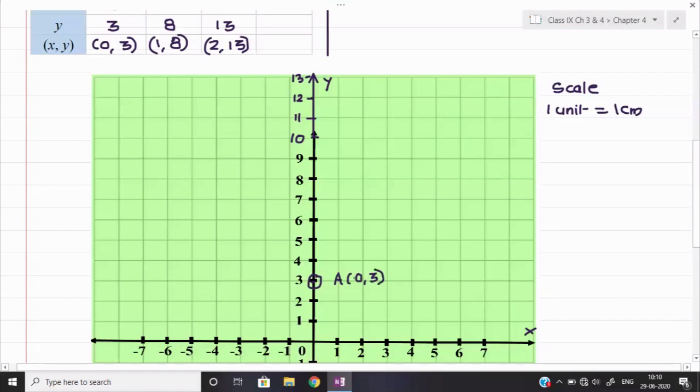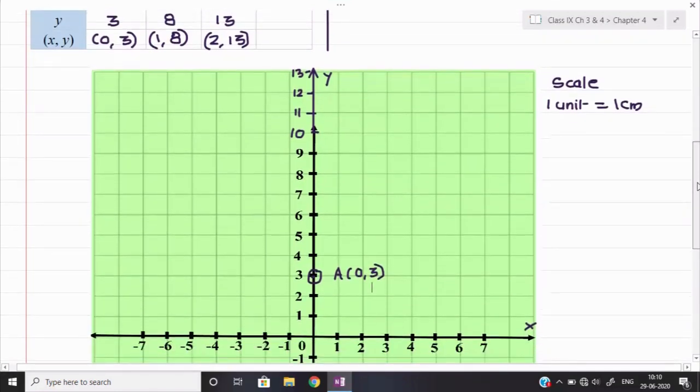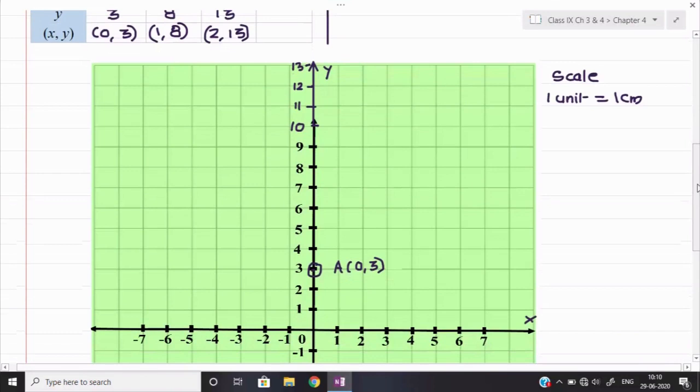Similarly, let us see the second point. The second point is x equal to 1 and y equal to 8. Check that point, x equal to 1 and y equal to 8, (1, 8), right? So x equal to 1 lies here on the x-axis, and from 1 I will go up to 8. So I will mark a point at this place. This is my point B, (1, 8), and the last one is (2, 13).